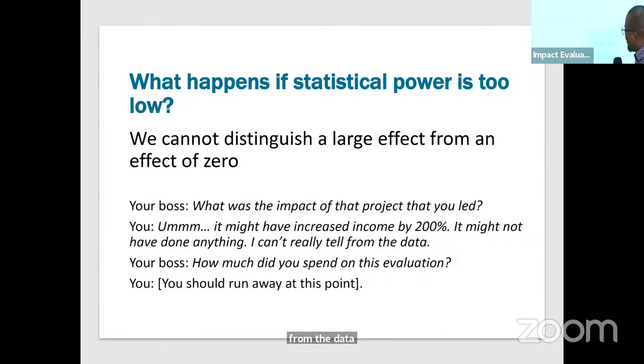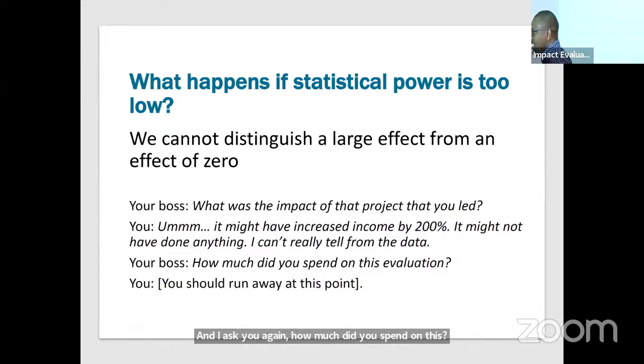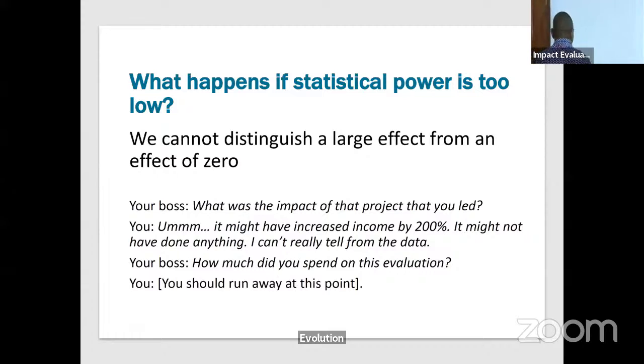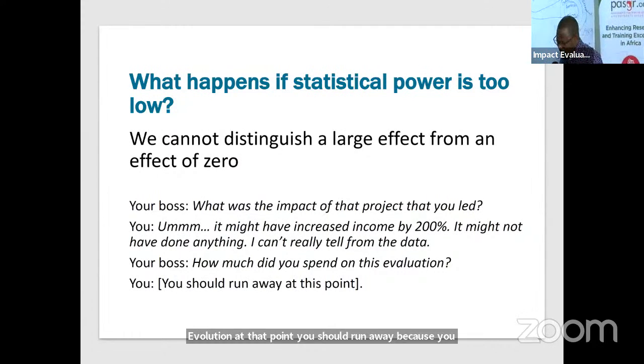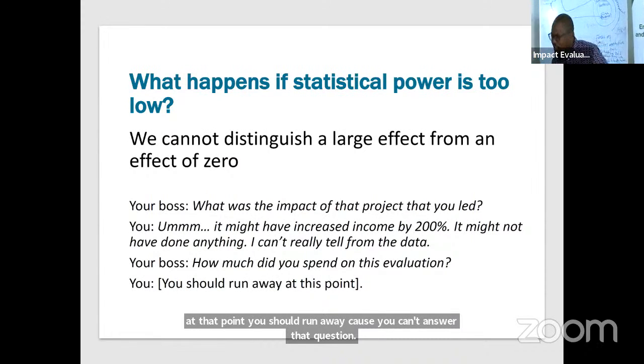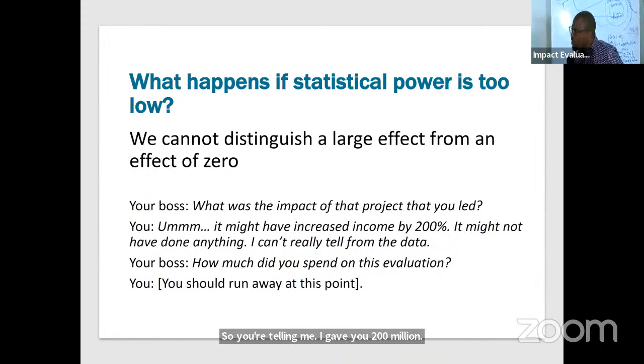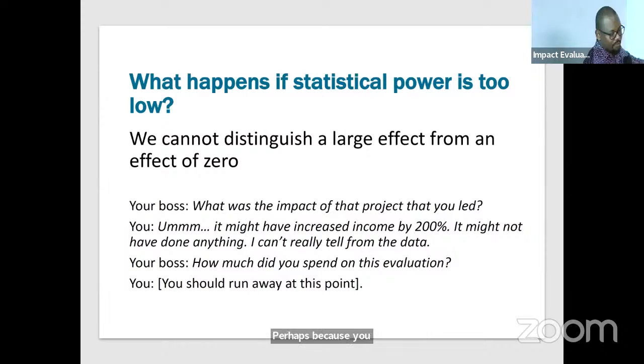And I ask you again, how much did you spend on this evaluation? At that point, you should run away because you can't answer that question. So you're telling me I gave you 200 million, you don't find an impact and you're not sure? Perhaps because you had low statistical power.